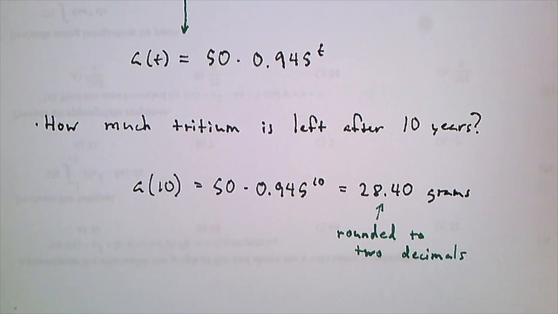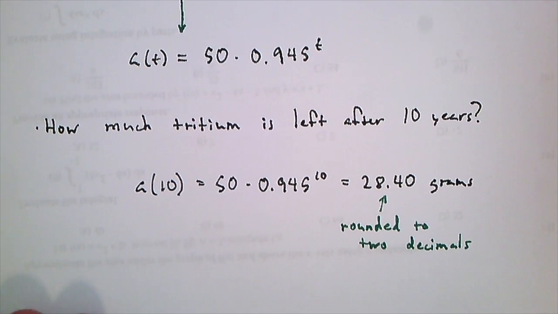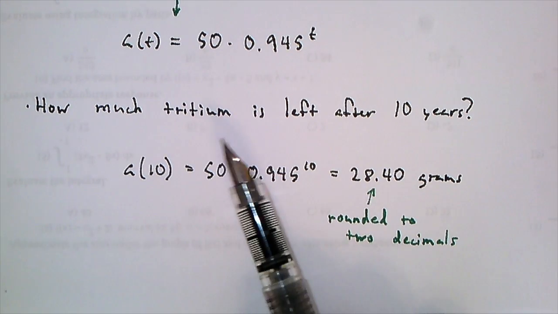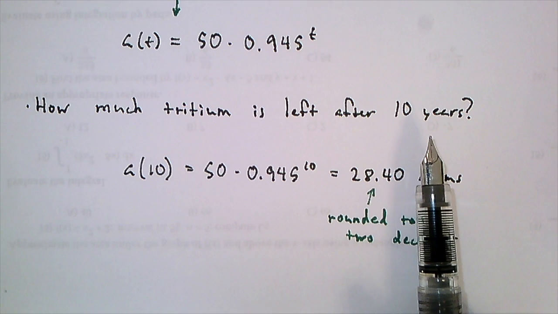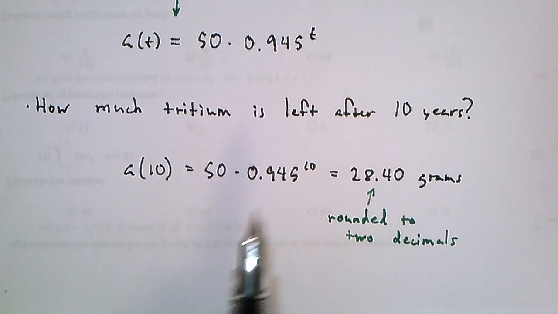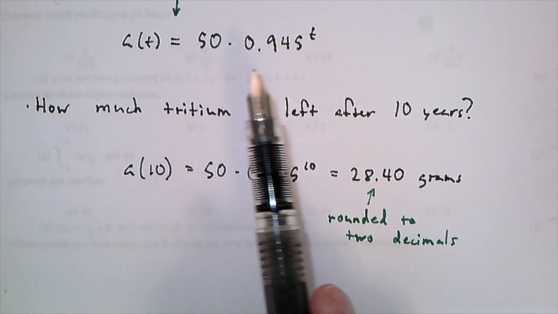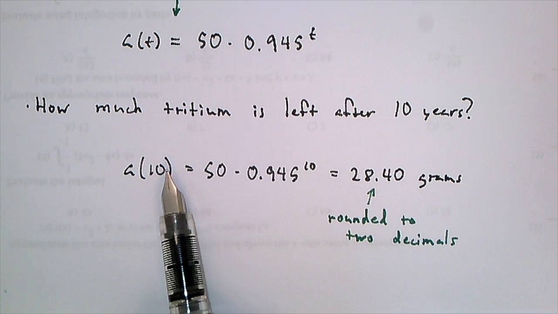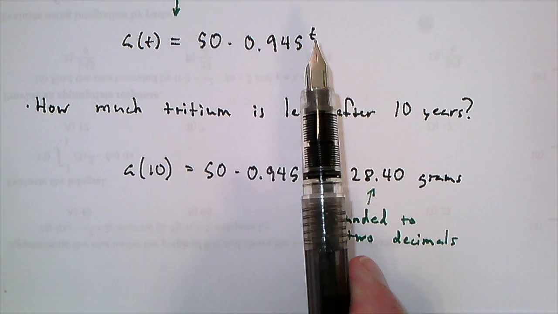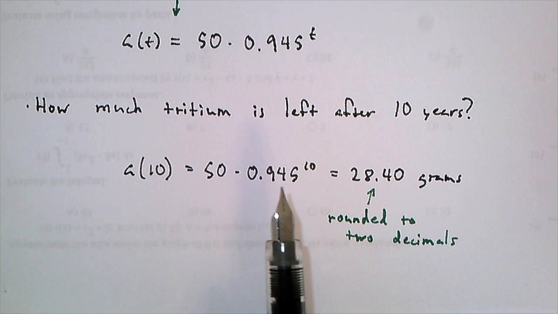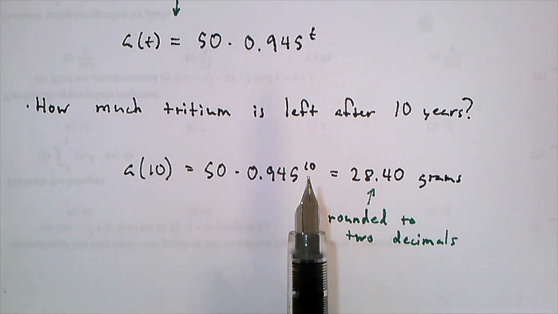So now that we have a formula for the amount of tritium that's left over, I want to figure out how much tritium I'll have after 10 years. So we take our exponential function, and we plug in 10 for 10 years. So that's 50 times 0.945 to the 10 power.